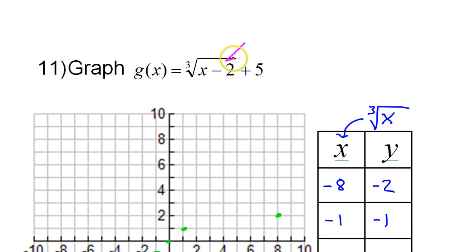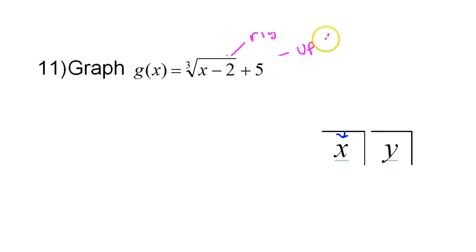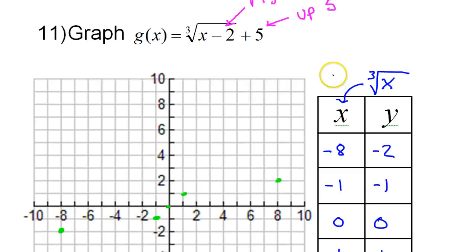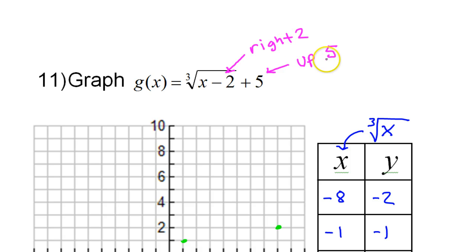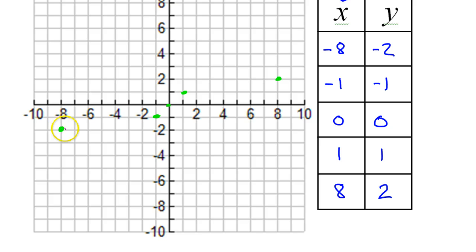So the -2 will send us to the right by 2, and the positive 5 will send us, why did I almost say down? That was silly. Alright, out here it works like normal. So positive 5 will send us up 5. Okay, so right 2, up 5. So let's take each one of these points and move them right 2 and up 5.